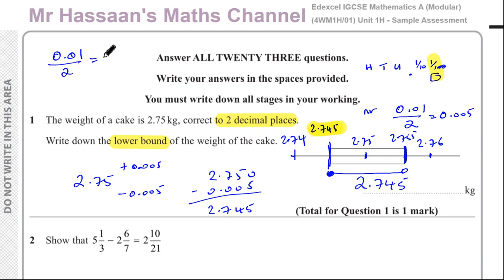Divide that by 2, that gives you 0.005, 1 extra 0, then a 5. And then to find the lower bound, you take the original number and you subtract this. So 2.75 minus 0.005 gives you 2.745. And there is the answer to question number 1.